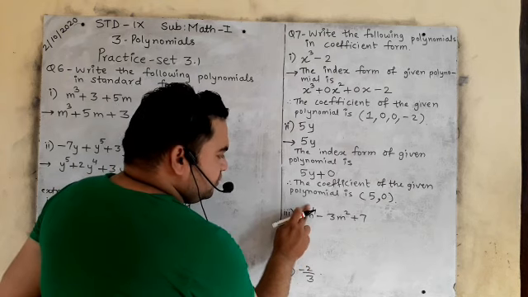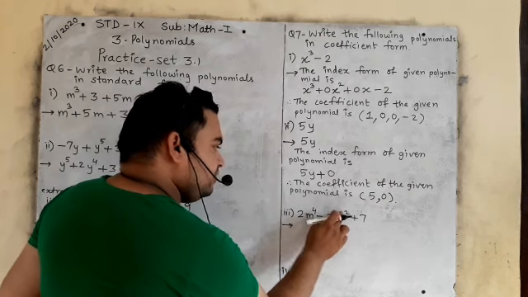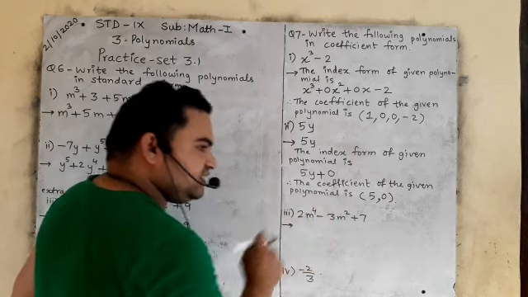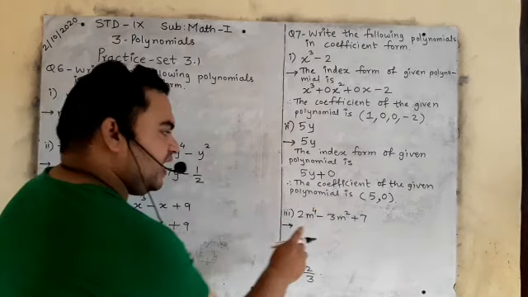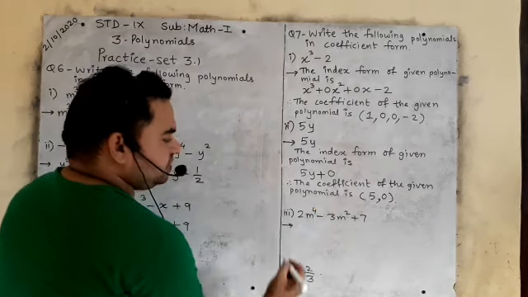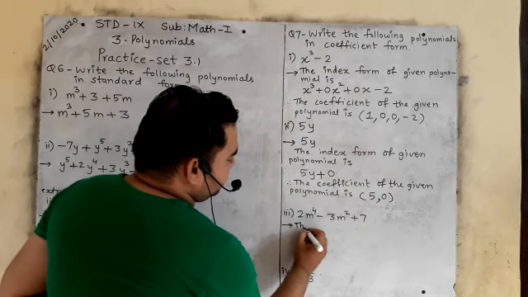See, m raised to 4, then directly m raised to 2 will come. No, it means m raised to 3 is absent. So you will use 0 and m only. Is it clear? Now see, first we will write the index form of the given polynomial.